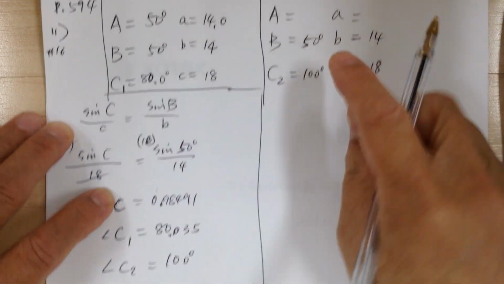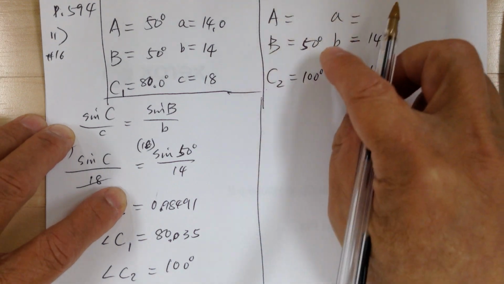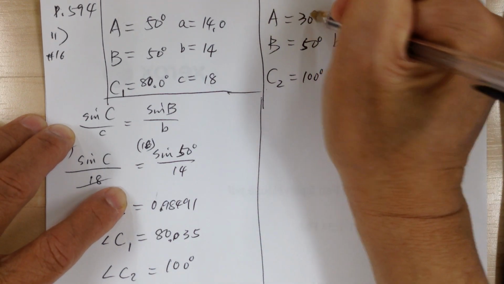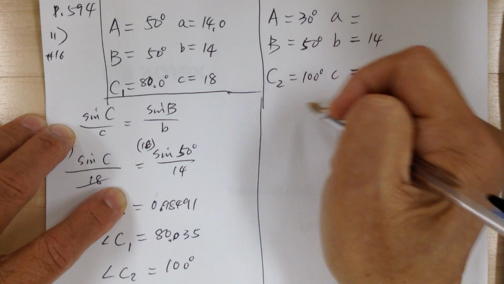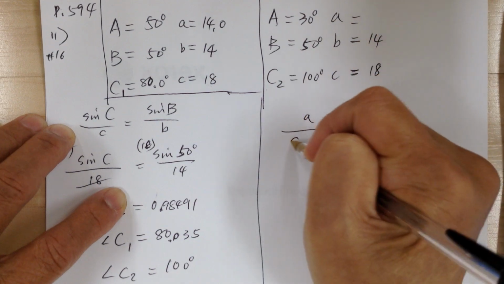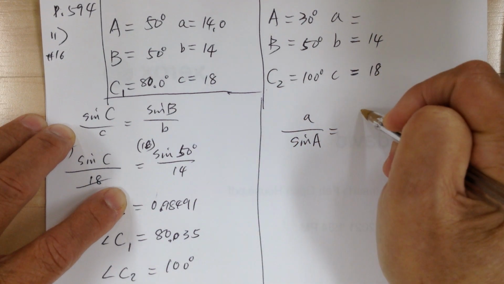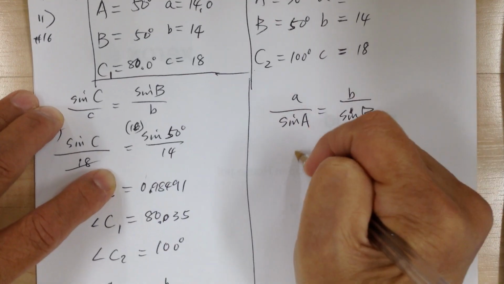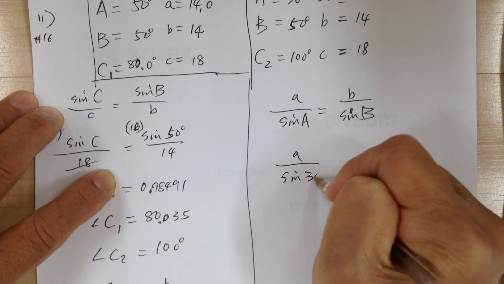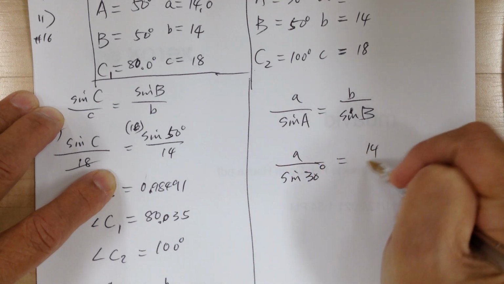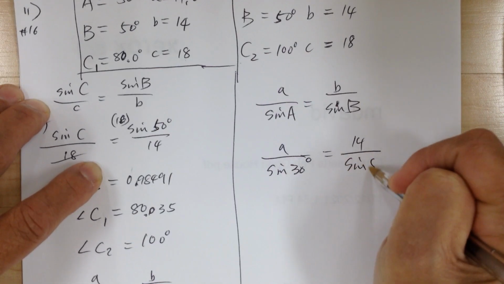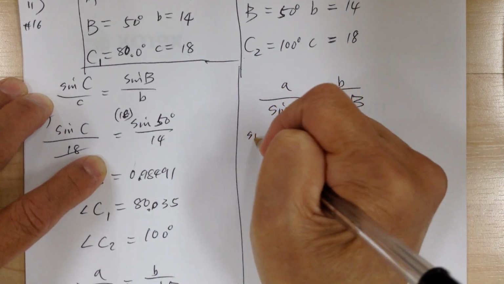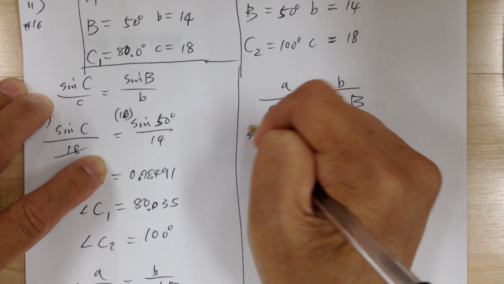For the second case, 180 minus the other two angles gives you 30 degrees. To find a, a over sine A equals b over sine B, so a over sine of 30 degrees equals 14 over sine of 50 degrees.